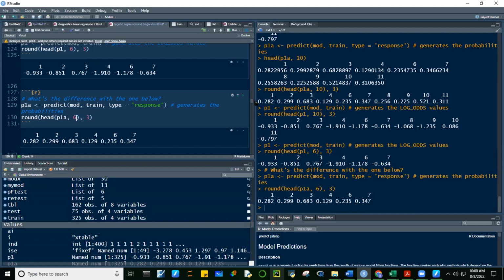One is expressed as, and the other expressed as what? Ano difference sila?